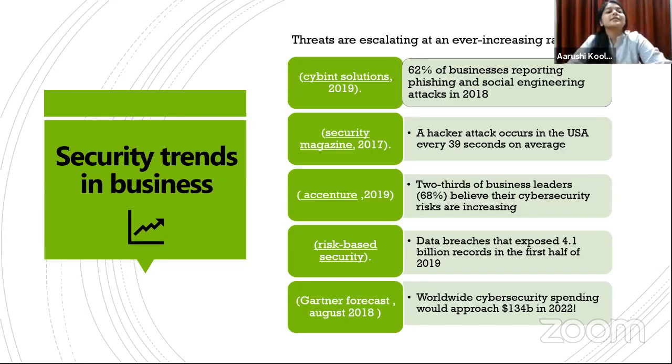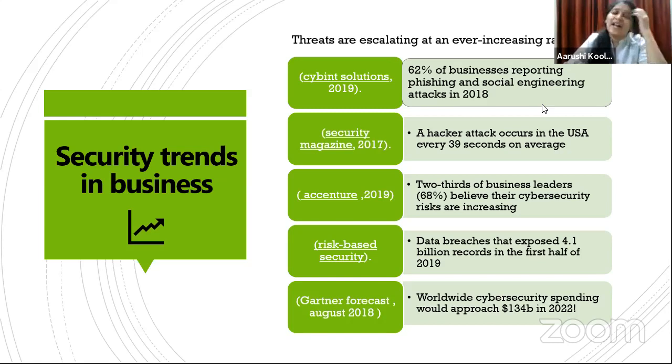So this was it. Now I will be discussing some interesting security trends in business. As we all know, threats are escalating at an ever increasing rate. 62% of businesses reported phishing and social engineering attacks in 2018. This is from a survey by Cyber Solutions 2019.